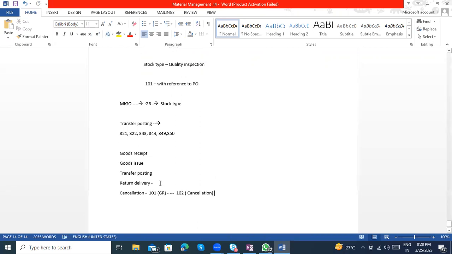And the return delivery is where we return the stock back to the vendor, with movement types 161 and 122, and we have 124 also. So these are the different movement types for the return delivery.